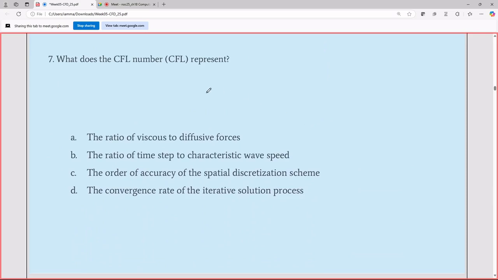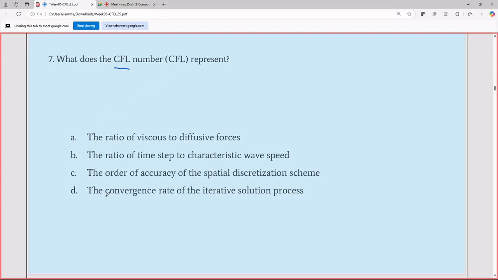Next question. What does CFL number represent? So CFL is Courant Friedrichs Lewy number. So what does this Courant Friedrichs Lewy number, also known as CFL number, represent?